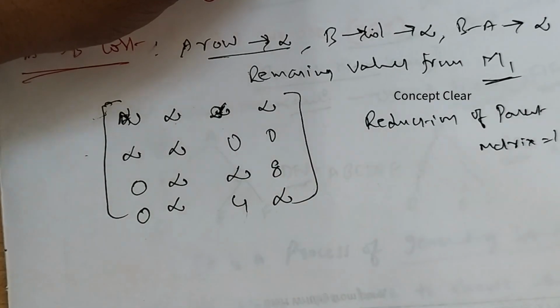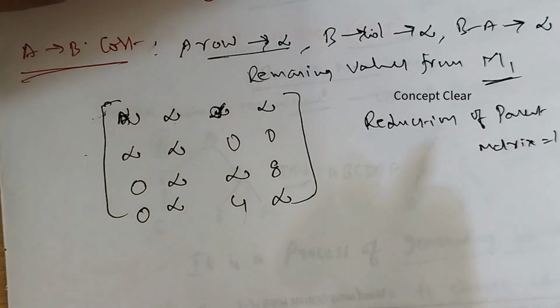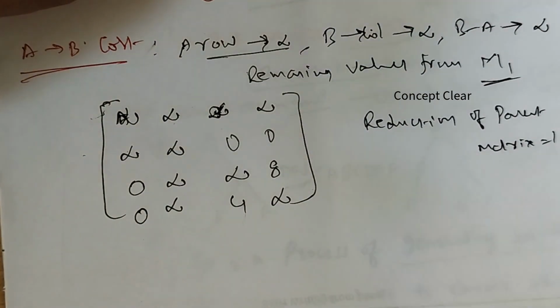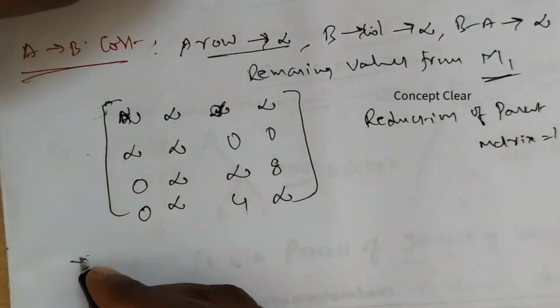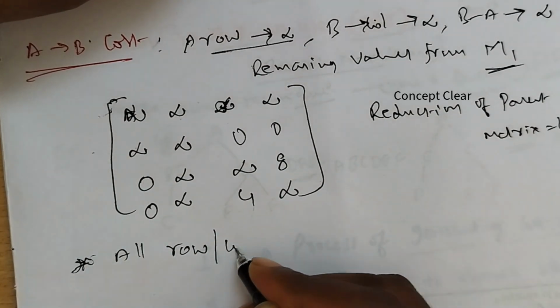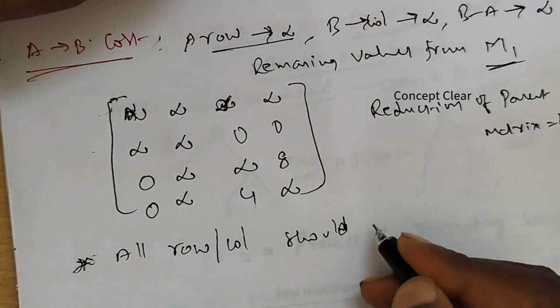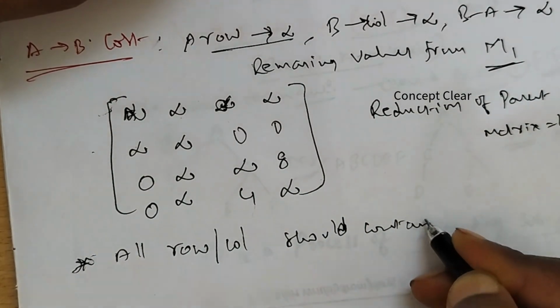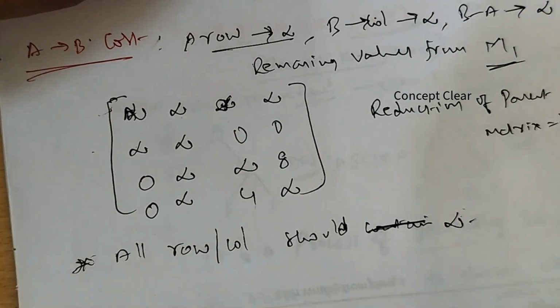We have to check every row and column. Previously, in the parent matrix, we reduced the row and column matrix at a time. But here we have to check some conditions. All the rows or columns should be infinity, then no need to check.